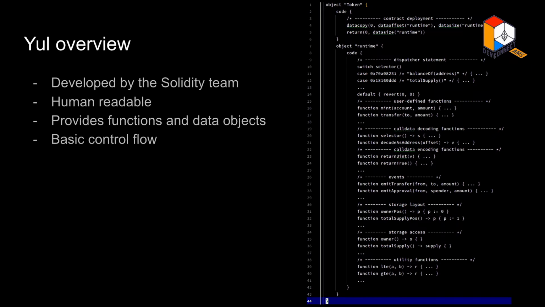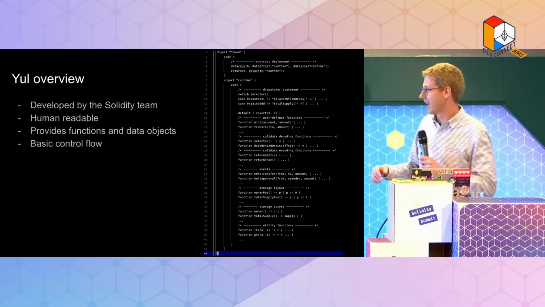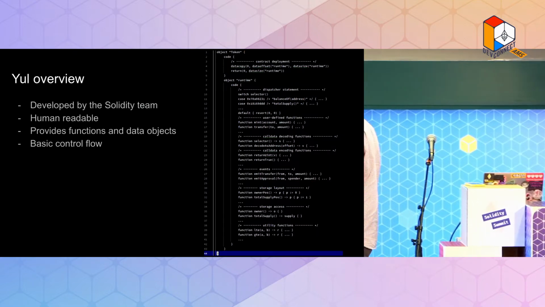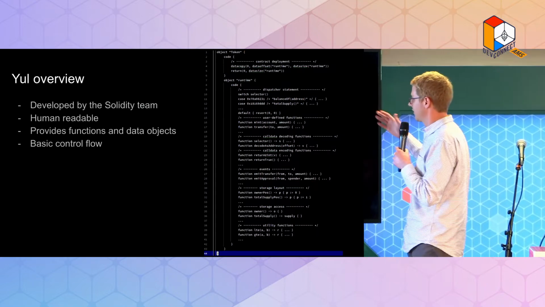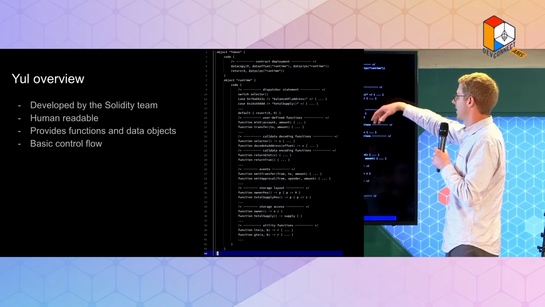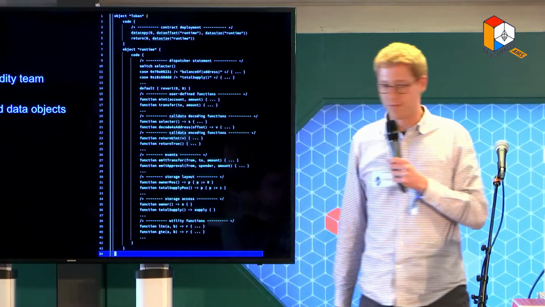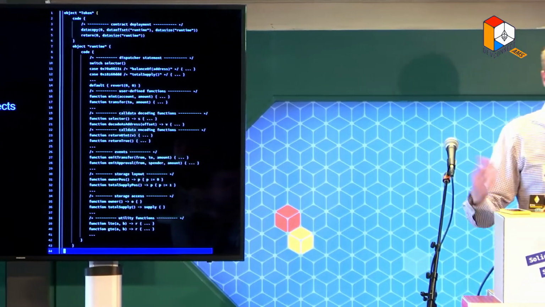Let me just go over this. It provides functions and data objects, basic control flow, and that's all you really need to write a contract. You have a runtime object. You have things like string literals as data objects. You have a dispatcher as a switch statement, and you have this initialization code up here. So you can look at this and read it.